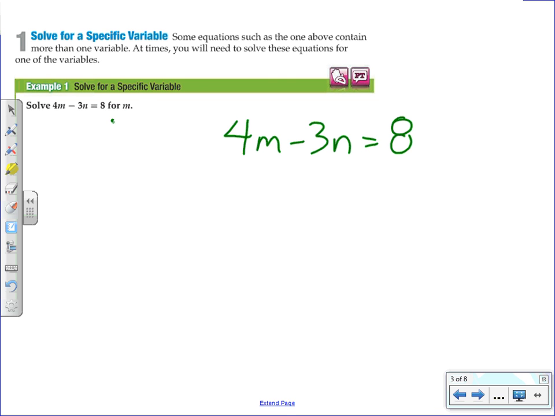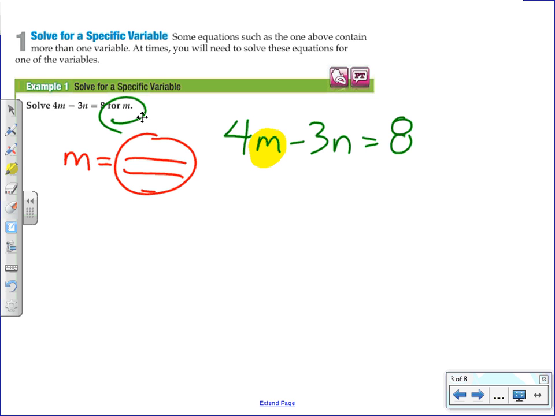All right, and it says I have to solve for m. So m is the variable that I need to solve for, and that means in the end, m is going to equal something else over here. I don't know what it's going to be. We're going to find that out. But we're going to end up with m alone on one side of the equal sign.